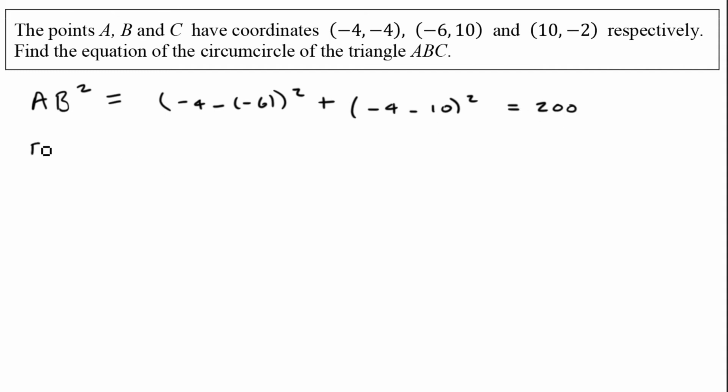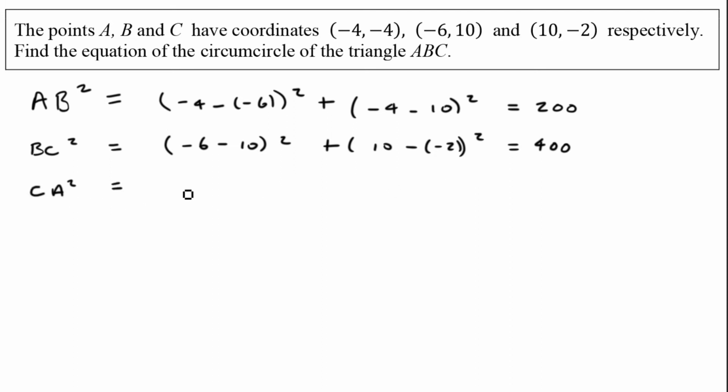What's the distance from B to C squared? That is -6 subtract 10 squared plus 10 subtract -2 squared, which is 400. How far is it from C to A squared?